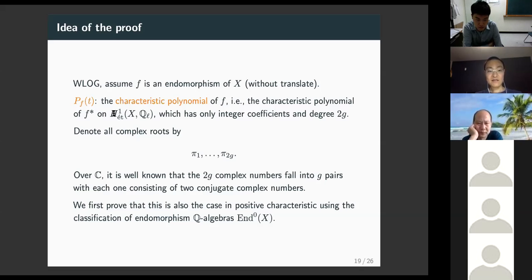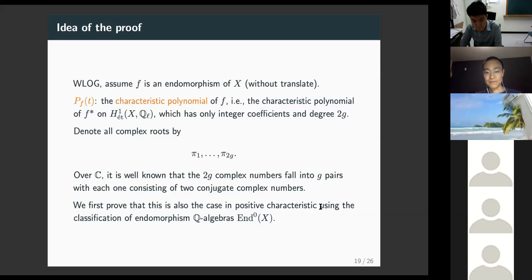Because over C, we have the Hodge decomposition of this H1. H1 is isomorphic to the sum of H^{1,0} and H^{0,1}. So for each root, we have its complex conjugate, and we have g pairs. We can show that this is also the case in positive characteristic, although we don't have complex conjugation.